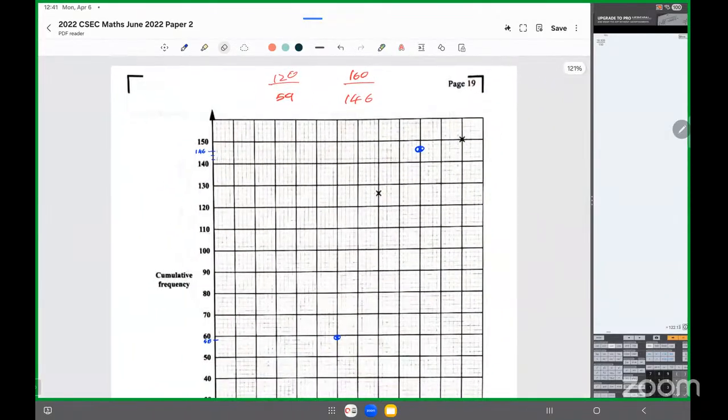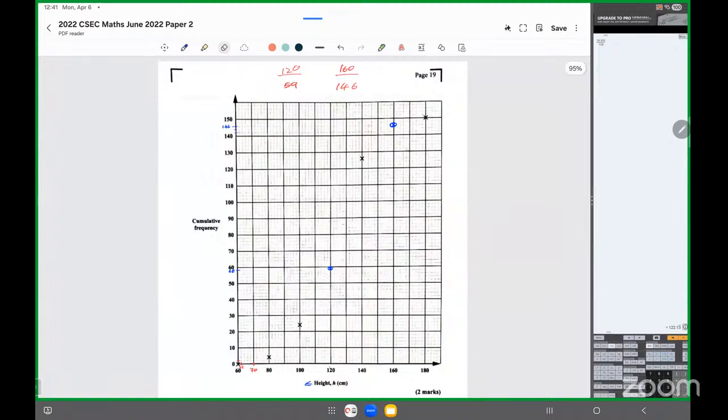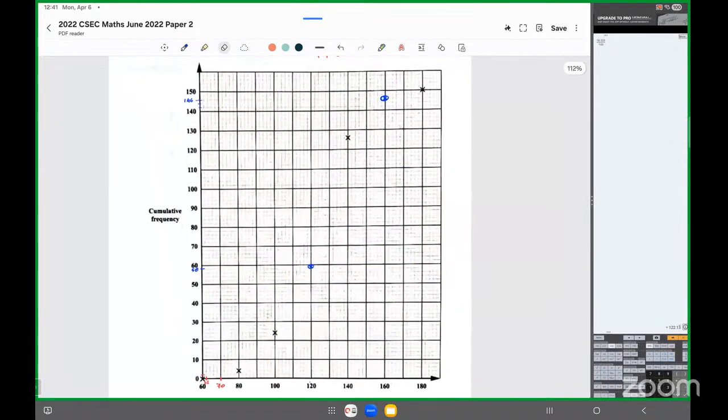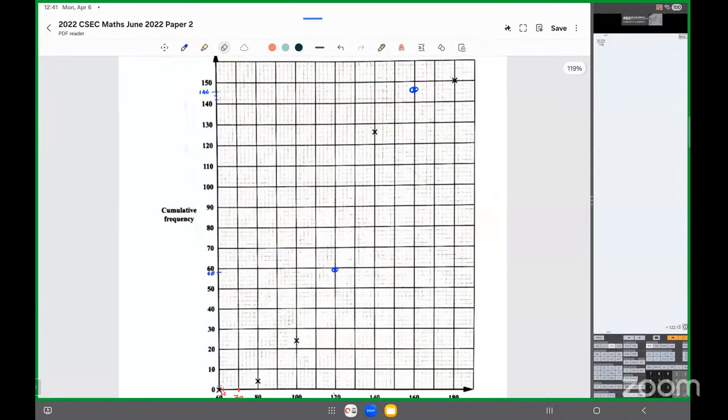Now draw a smooth curve through those points to get the O-give shape. Smooth curve. All right, so see if we can do it. I'm going to go something like this.